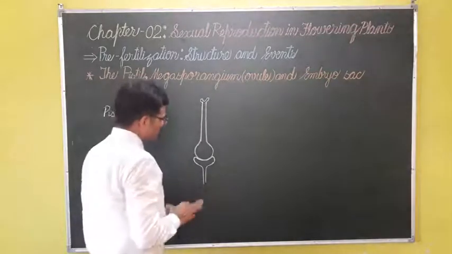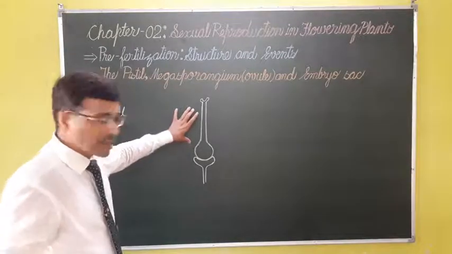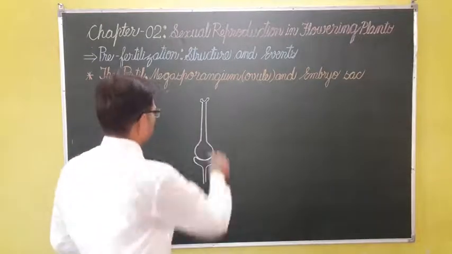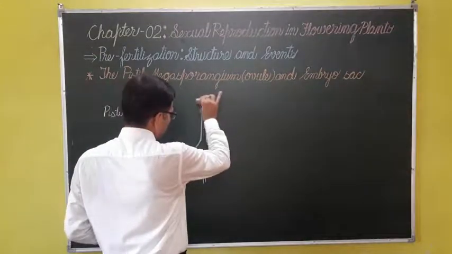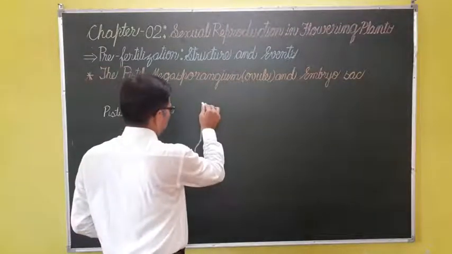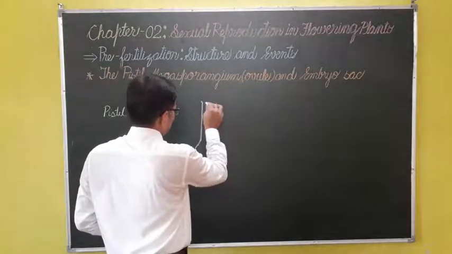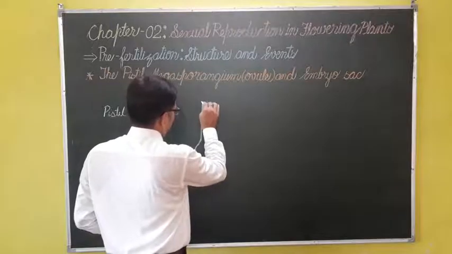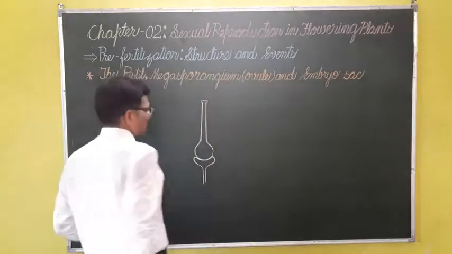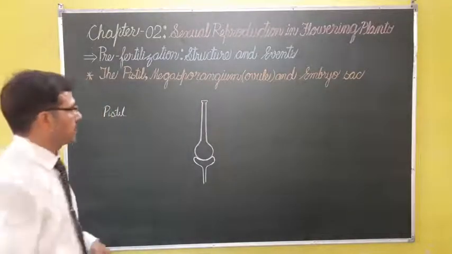Now, this is a single pistil. I have told you the single pistil, so only one lobe will be there at the tip. Now it is showing a single pistil, right?